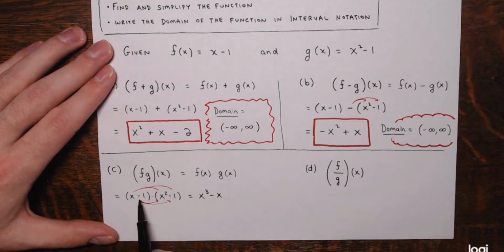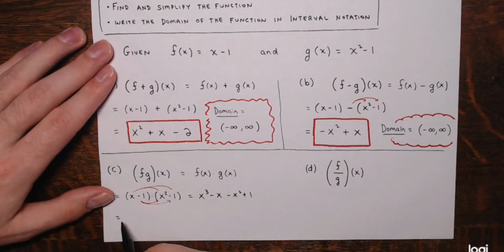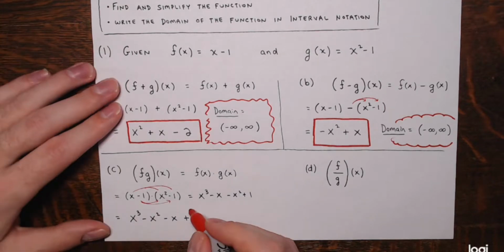And then negative 1 times x squared minus 1 would be minus x squared plus 1. And then I'll rearrange it so that they're in descending order. So we have x to the third power, minus x squared, minus x, plus 1. There you go. And that's the final result. It's as simplified as it's getting.